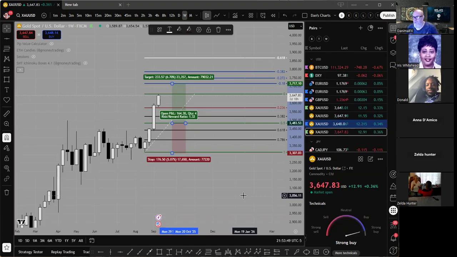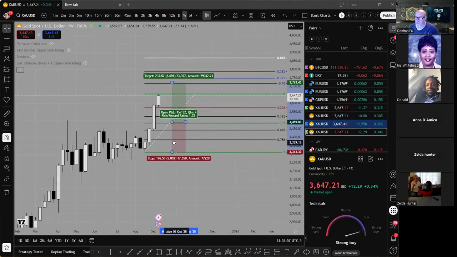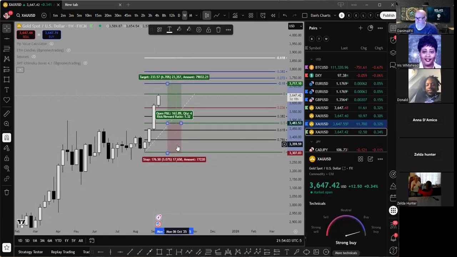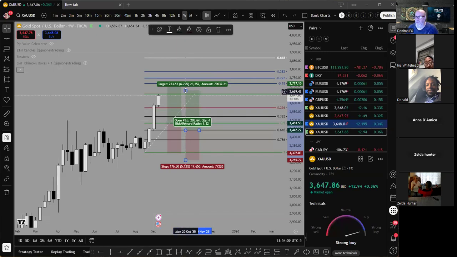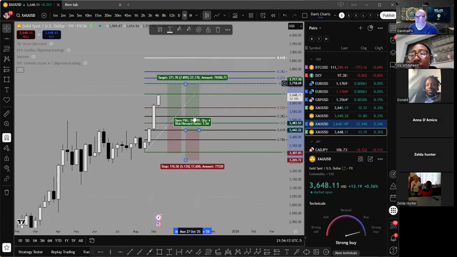Don't know why, but it's always a good take profit level to work with. Then I'll take this particular entry and duplicate it, put it down here at the 618, take it back up to the extension, and just rinse and repeat.